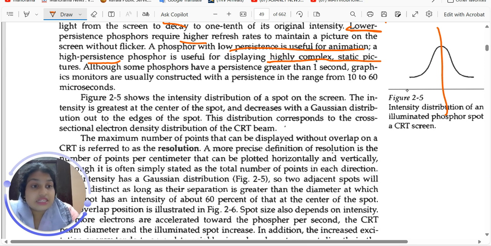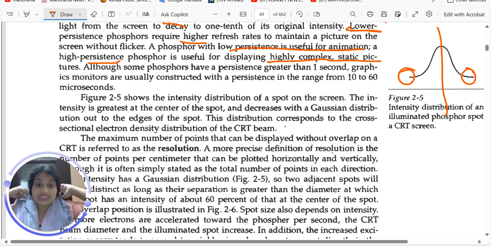In the center, the intensity is greatest, and towards the edges, it decreases. The intensity is greatest at the center of the spot and decreases with a Gaussian distribution out to the edges of the spot. This distribution corresponds to the cross-sectional electron density distribution of the CRT beam.